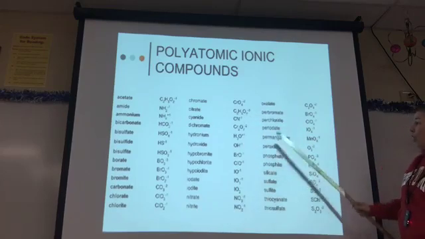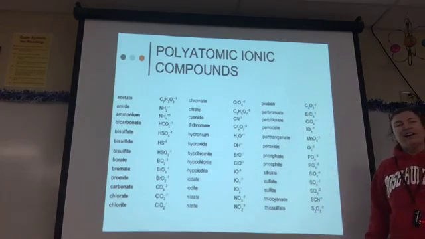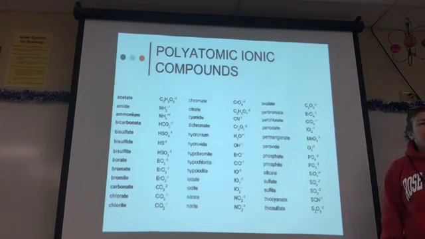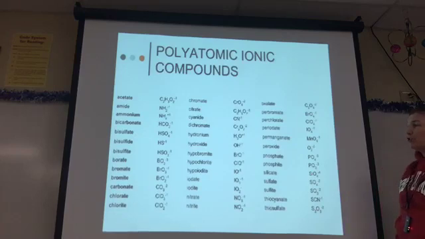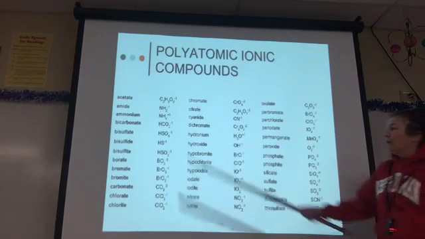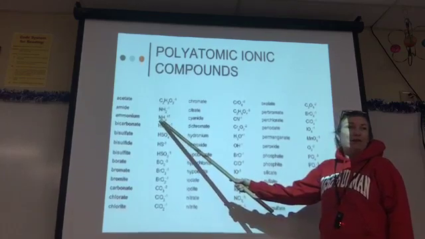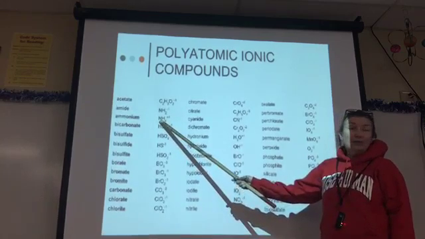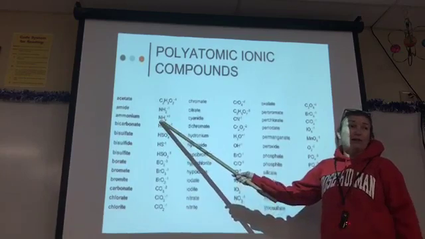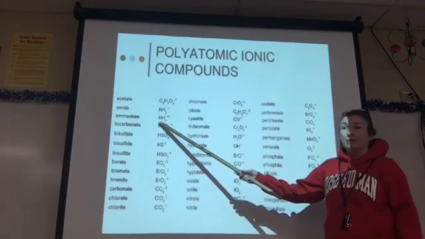Now, they're all anions. An anion has what charge? Negative charge. They all have negative charges except for 2. Ammonium is one of the only cations we have as a polyatomic. And down the road, you're just going to have to memorize NH4 is a polyatomic. That's it.